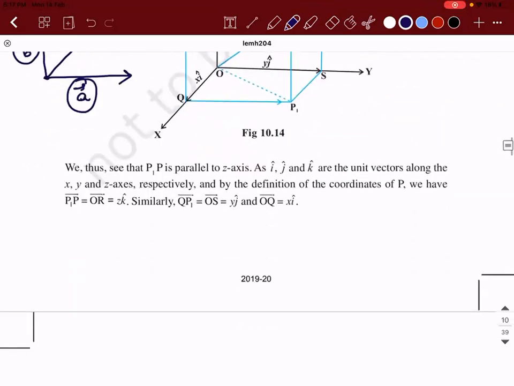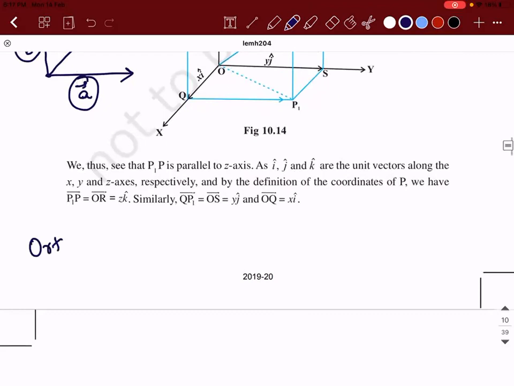Okay, listen. Then there is something called orthogonal unit vectors. What are these orthogonal unit vectors? The vectors which are used to represent the direction along the x, y, and z axes are called orthogonal unit vectors. Orthogonal generally means perpendicular.